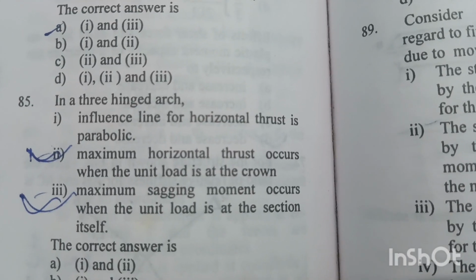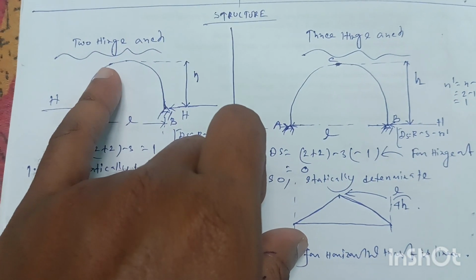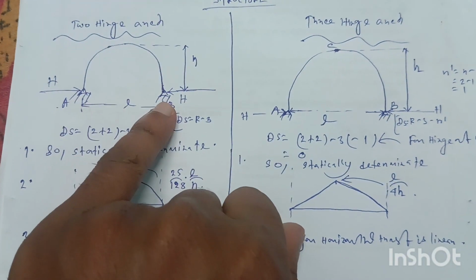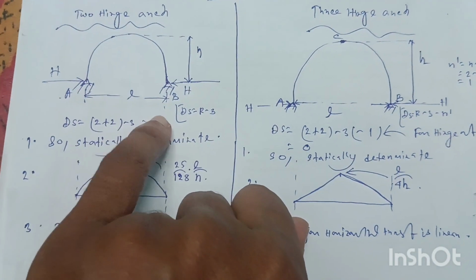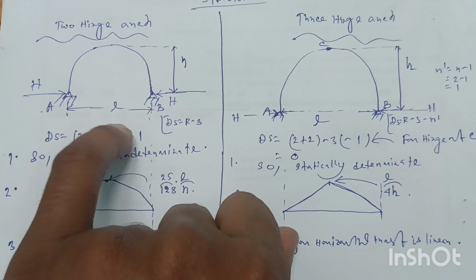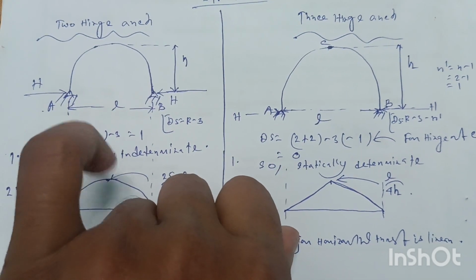Question number 85, in a 3-hinge arch. So let's see the difference between 2-hinge arch and 3-hinge arch. For 2-hinge arch AB, length of the arch is L and height of the arch is small h. So degree of static indeterminacy for this 2-hinge arch will be r minus 3. R is the number of reaction components.